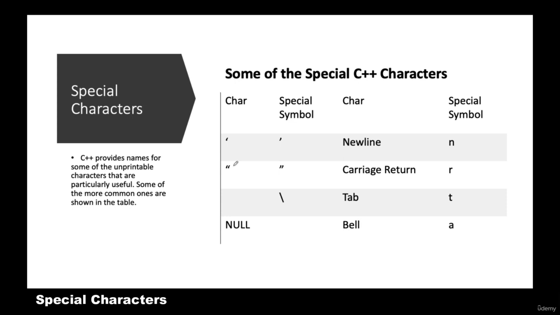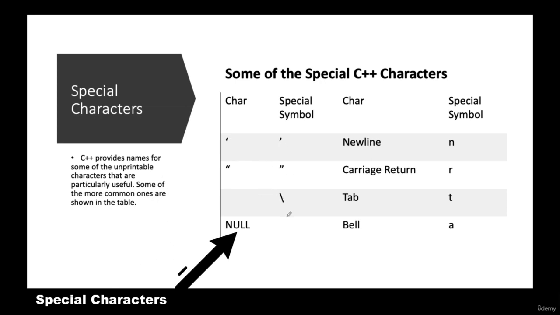Now let's move to special characters. These are characters which are unprintable, but we use them to get some kind of action done. Those characters in C++ are called special characters. Suppose we have single quotes and double quotes.